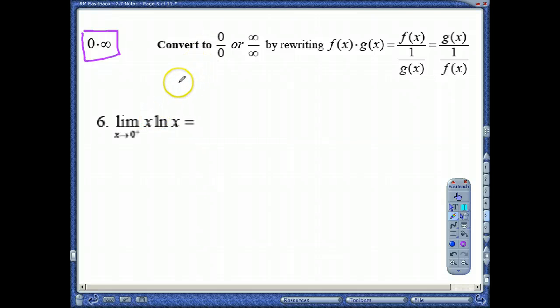To solve this, we are going to convert it into a fraction because we really want to get 0 over 0 or infinity of some kind over infinity of some kind. It doesn't matter if it's positive or negative. So we not only will see this more, we will be creating this L'Hopital form.